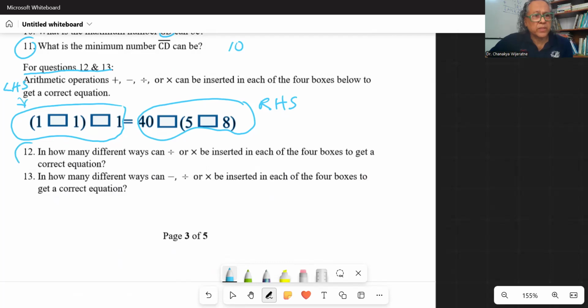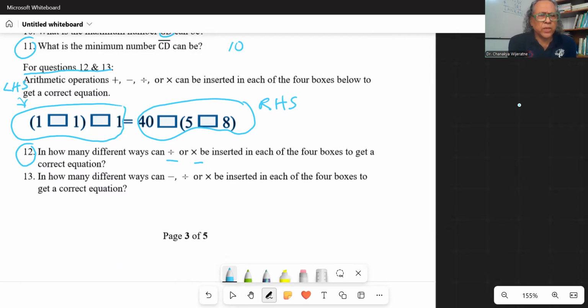In how many different ways can a division or multiplication be inserted in each of the 4 boxes to get the correct equation? So only division and multiplication you can put into the boxes. There are 4 boxes, and in how many different ways can you get a balanced correct equation?